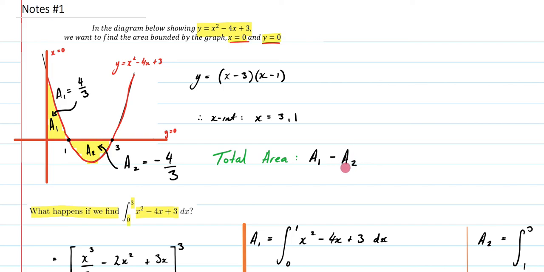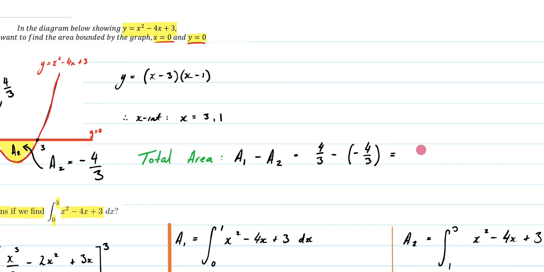Now that may seem odd because it looks like we're subtracting them from each other, but that's actually not going to happen because when we put in our values, what we're going to end up with is 4 over 3 minus negative 4 over 3, which is going to be equal to 4 over 3 plus 4 over 3, which is going to be 8 over 3. And that is going to be our answer, 8 over 3. That is what we call our total area.